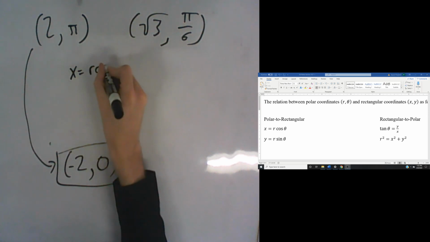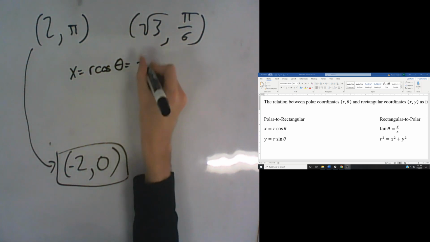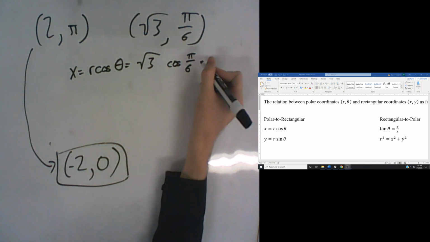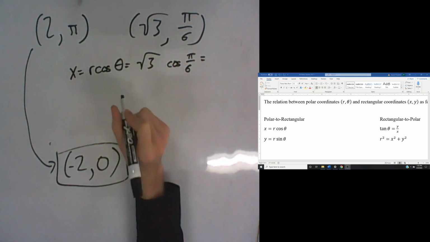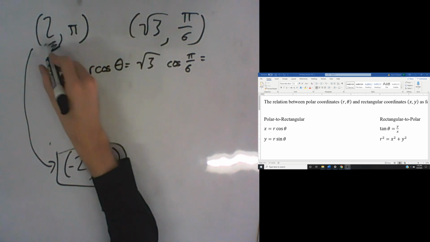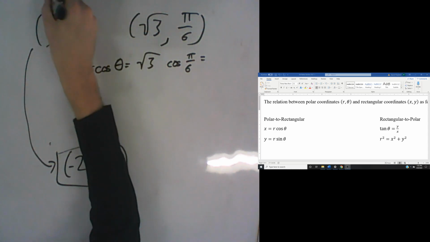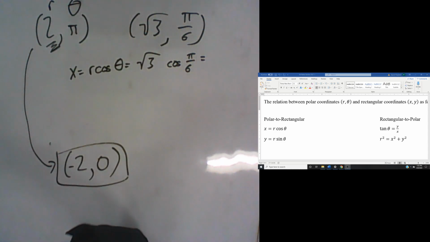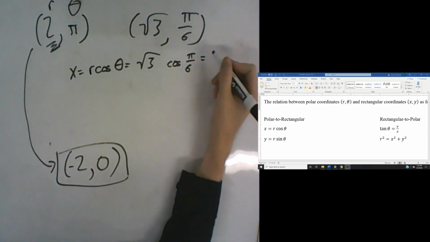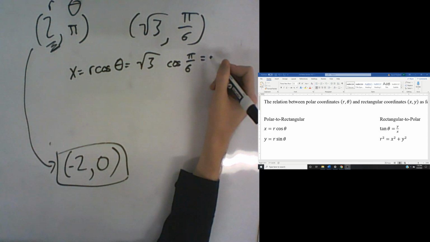Okay, r cosine of theta. So we get √3 times cosine of pi over 6. Now, does anyone know what the cosine of pi over 6 is? R is the radius right here, and this is theta. If we remember our rules we need to memorize, cosine of pi over 6 is √3 over 2.